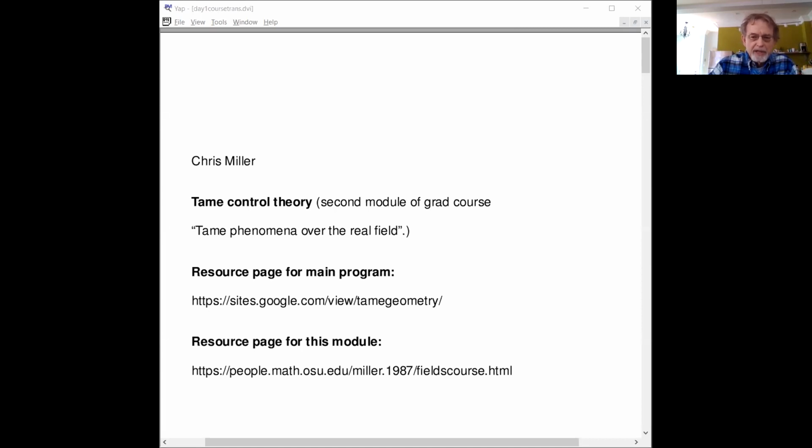There's a resource page for the main program that is right here. It's a Google site or whatever it is. And there's a particular resource page for this module that can be accessed either through this page or just directly through this link.